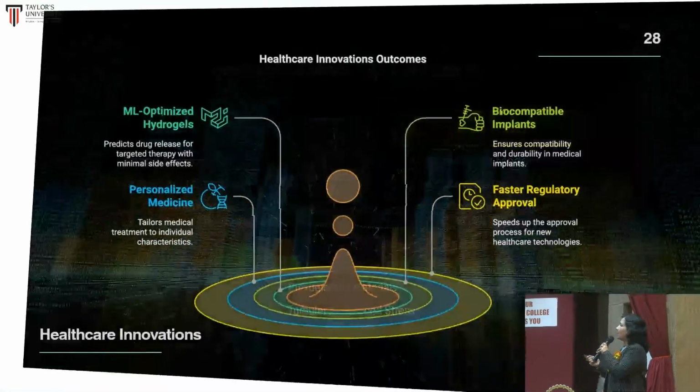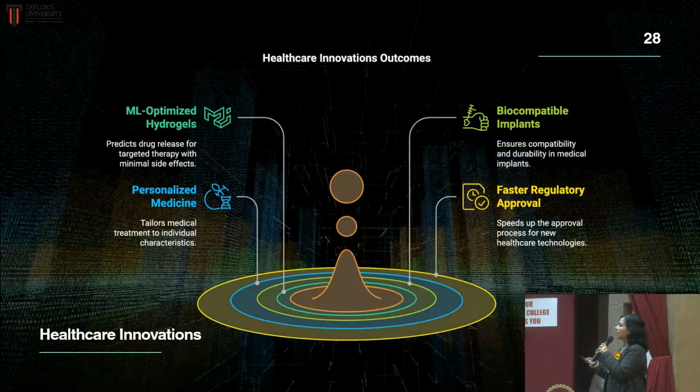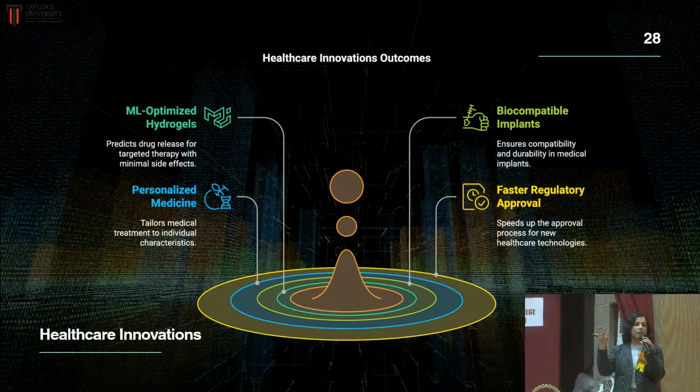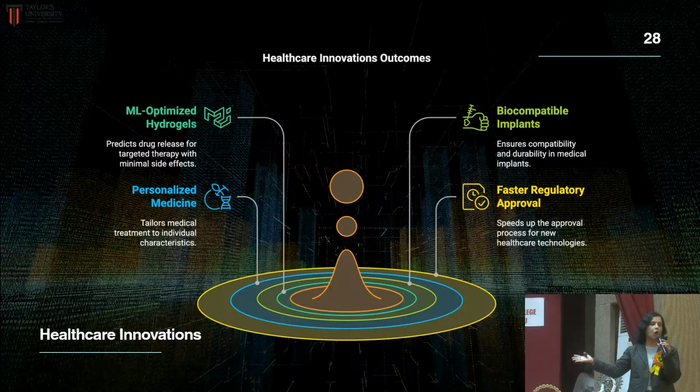In healthcare innovation outcomes also, ML optimized hydrogels, personalized medicines are there. Again, for personalized medicines, whenever you visit any kind of medical practitioner, he'll be asking you n number of questions. So he's collecting the data from you so that he can provide you personalized medicine based on the history of the patient.